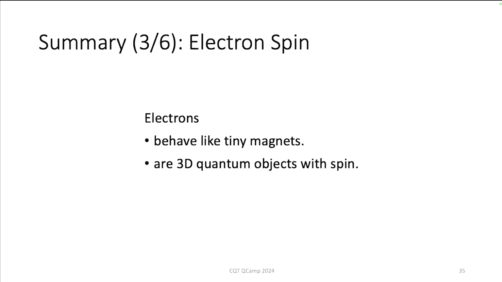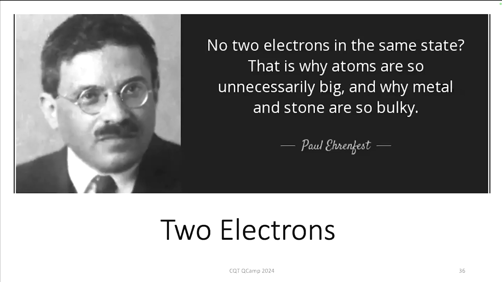Okay, so if I continue, I'm going to talk about two electrons. Previously, all we had was just one electron. Now, when we bring in one more electron, things change. I want to discuss this idea of two electrons, which has to do with the fact that two electrons can never be in the same quantum state.